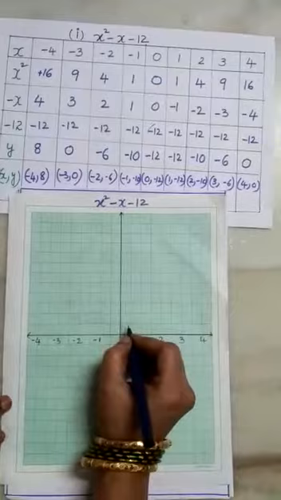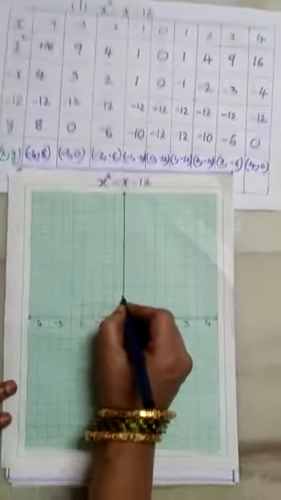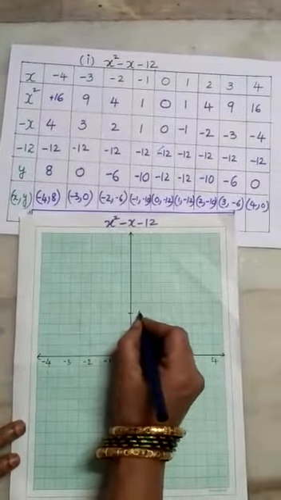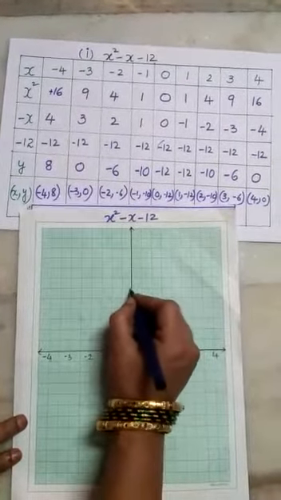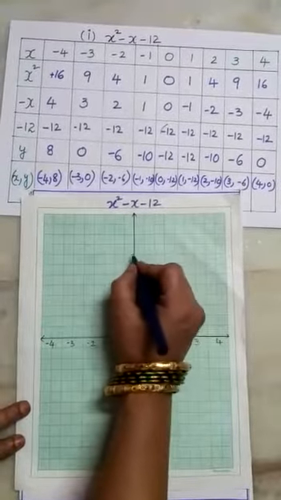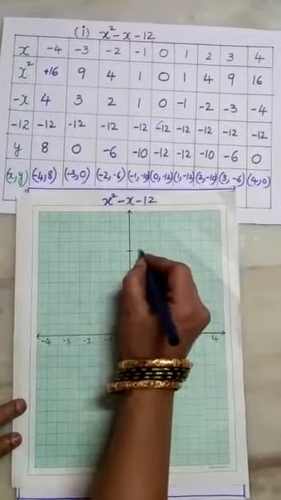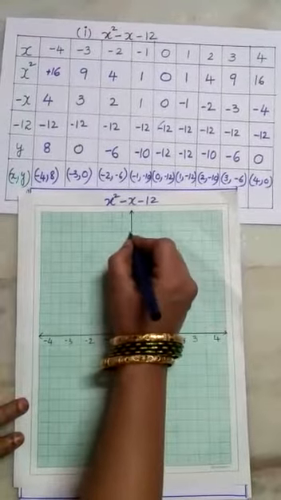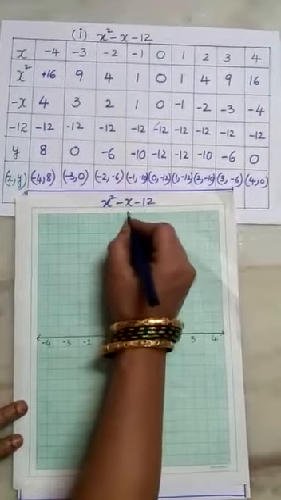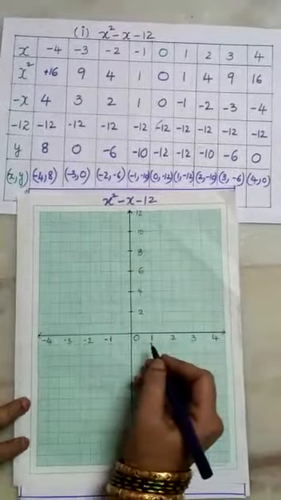So I will make it leaving one block here also, and I will take the first one as 2, and then the next one is 4. If the blocks are sufficient and you leave one block and write, then you will get a wide U-shaped curve, which looks very neat. So always leave one block and write.